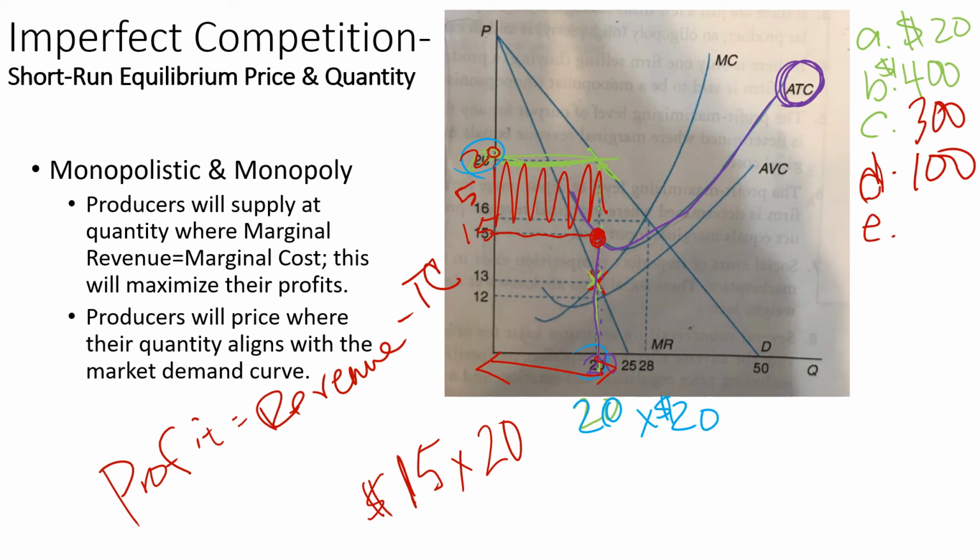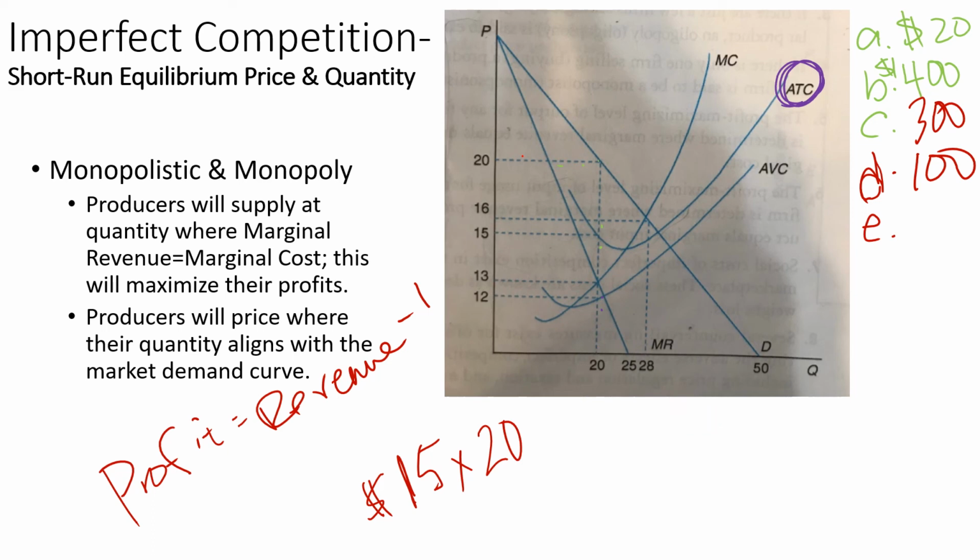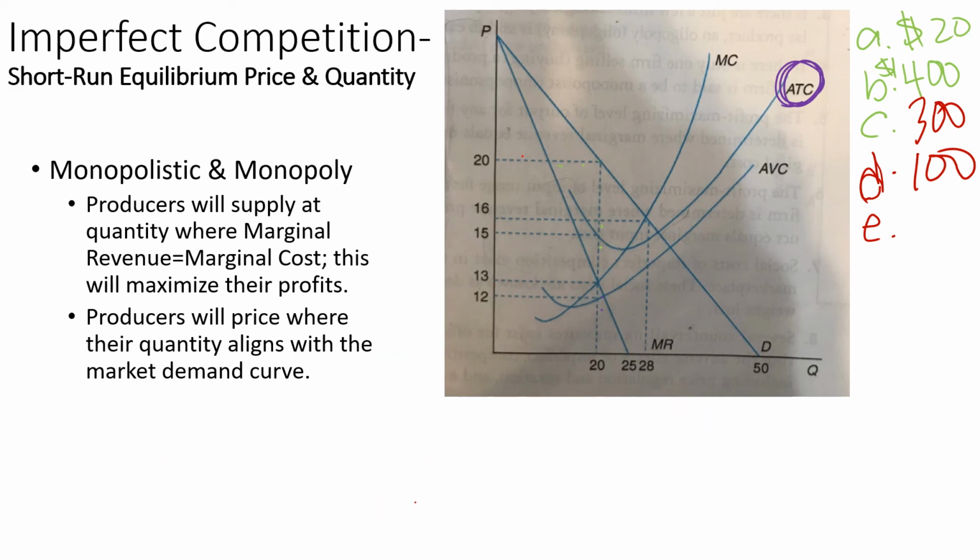E says calculate the total variable cost and fixed costs of the monopolist at the profit maximizing output. Okay, I'm going to erase some of this. Total variable costs and total fixed costs at profit maximizing output. We already know that our profit maximizing output is 20.